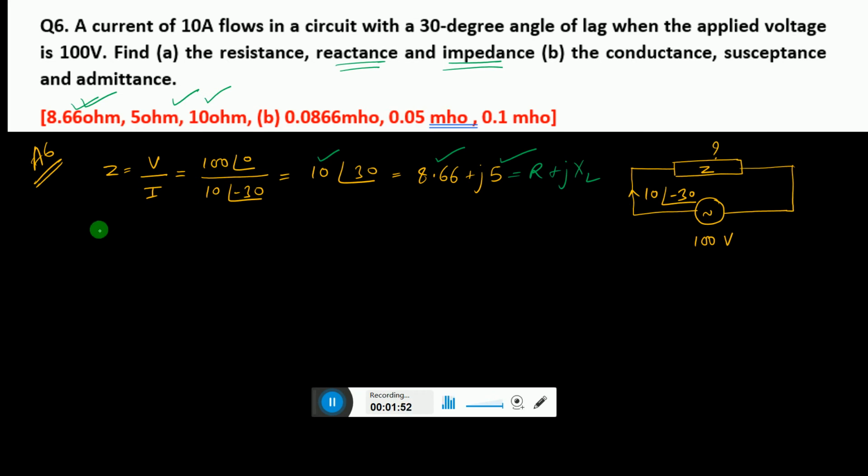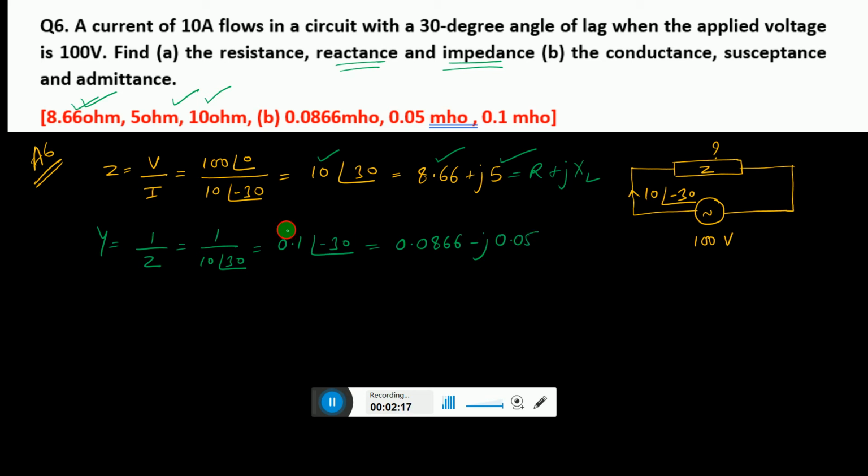Now next is Y. Y is 1 by Z. So cos component and sine component of it. Correct.